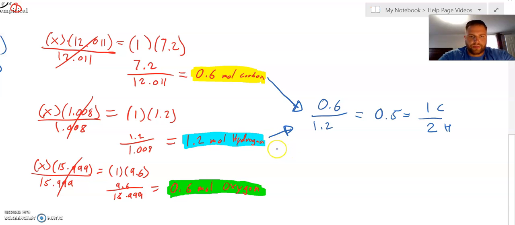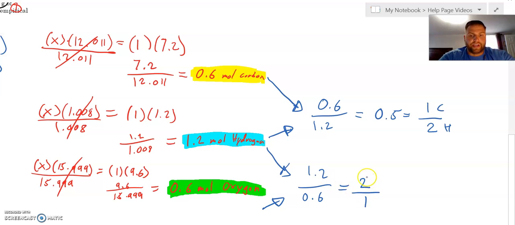Okay, how about this? Let's do the next one. 1.2 divided by 0.6, okay? If you put that in your calculator, what you get is the number 2. And remember, whenever you get a whole number, divide that by 1.